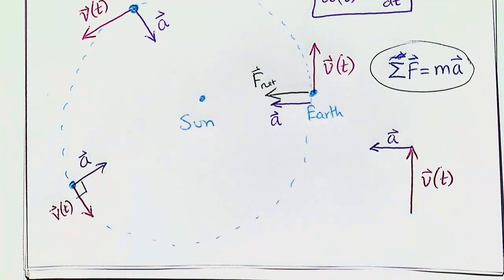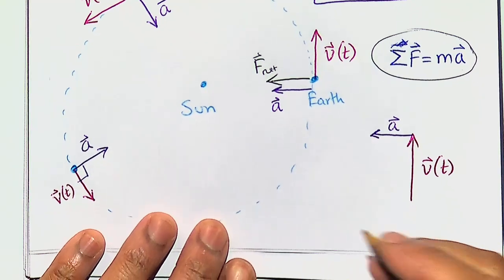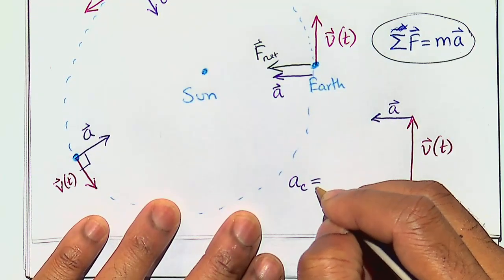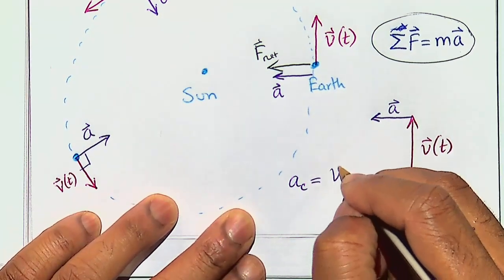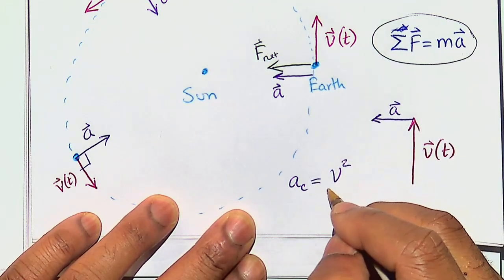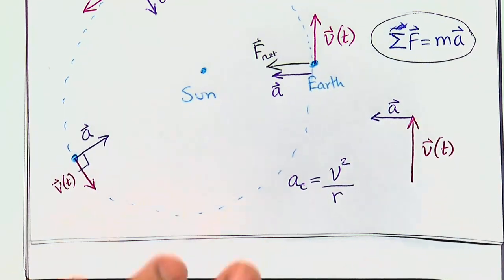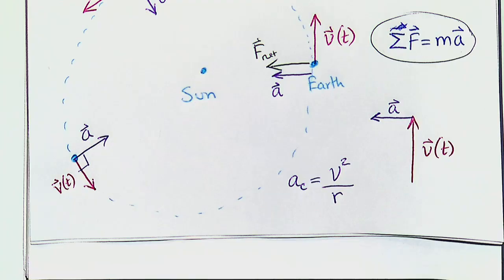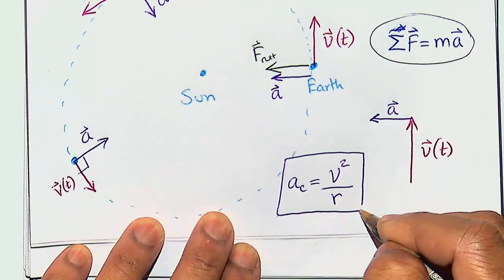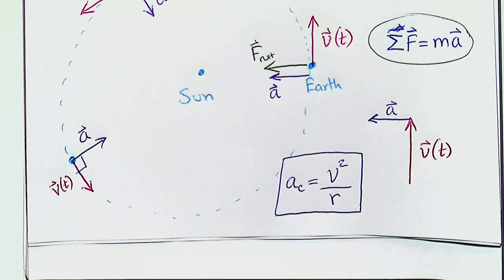This specific acceleration is called centripetal acceleration. The way you calculate that is you take the magnitude of velocity, the speed, square it, and divide by the radius of your circle.